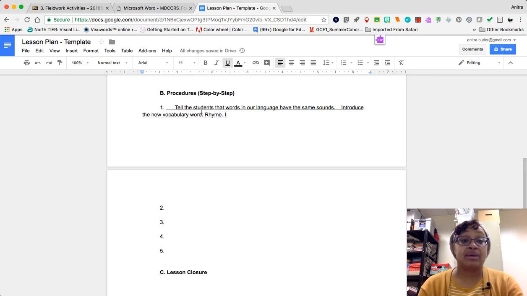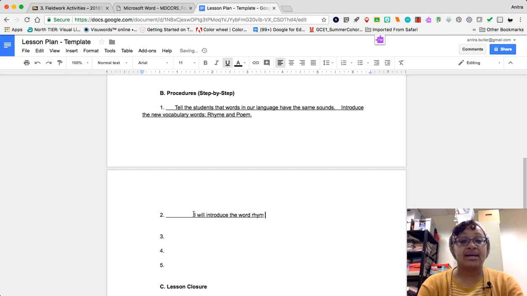I should say vocabulary words: rhyme and poem. So I will introduce the word rhyme by showing pictures of objects, such as a rat and a hat.